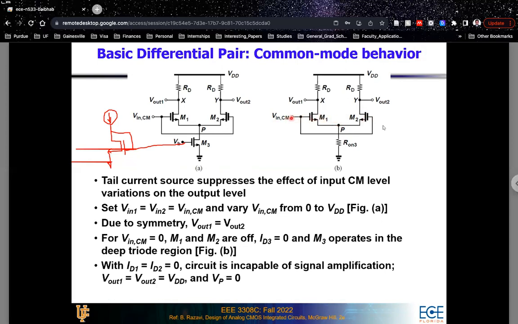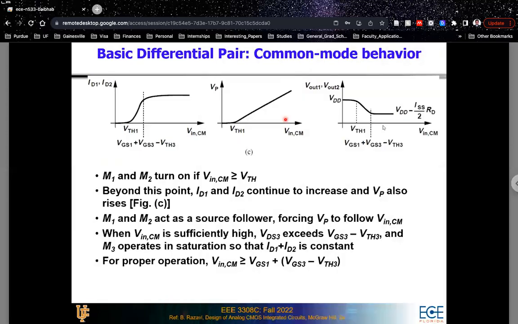If your input is at the gate of these two transistors, and you're considering the source as the output, you're trying to see that as you're changing the input at your gate, what is happening at your source. That is basically what a source follower does, right? For a source follower, you have your input at the gate and output at the source. So the voltage at the source of your M1 or M2 transistor will follow the voltage at the gate, provided that the voltage at the gate is more than the threshold voltage.